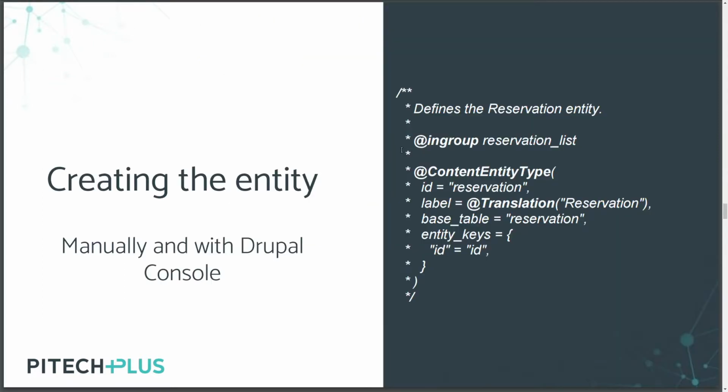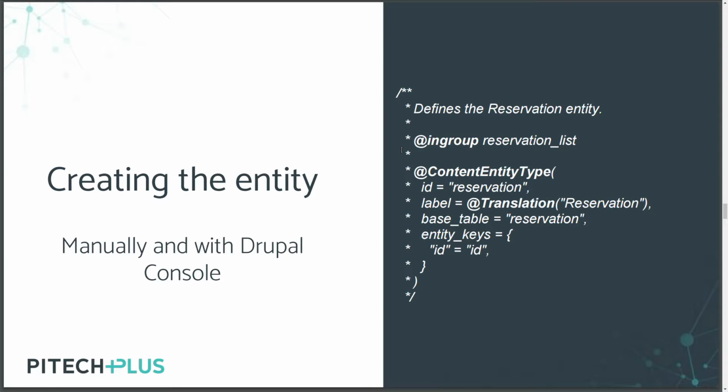So let's start creating the entities. The first that we will create is the reservation entity, because that's the most simple. I didn't write where you should create the entity, but it's under the entity namespace. So you should have the reservation list module in your client.drupalaton.dev subfolder.